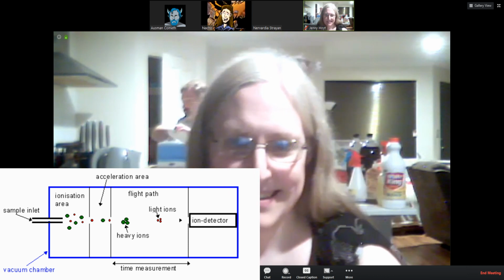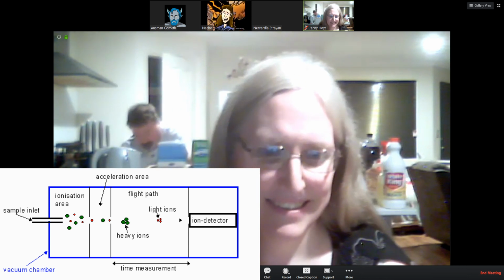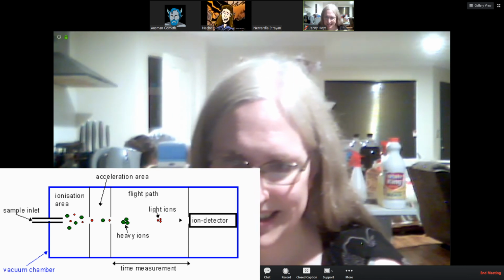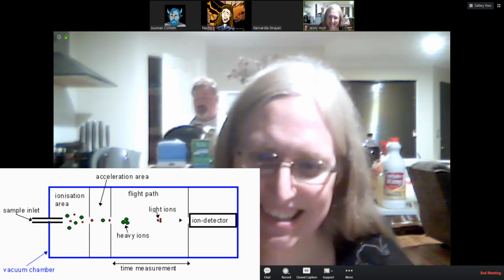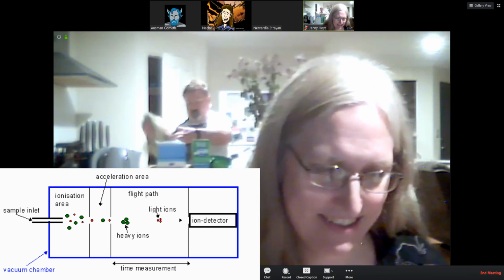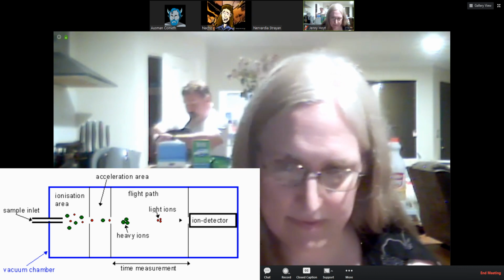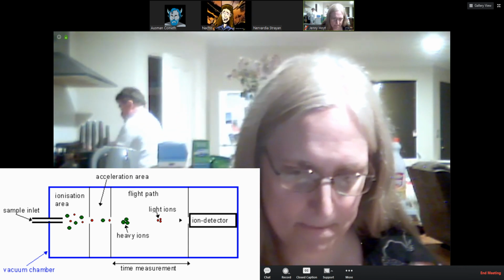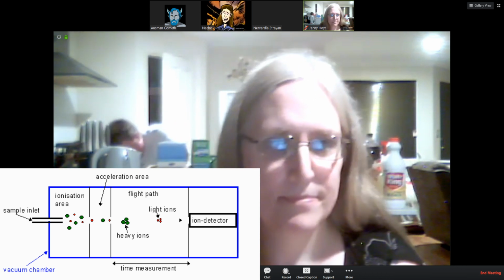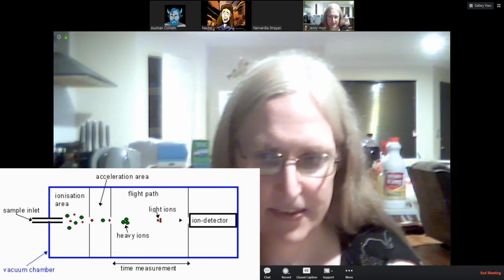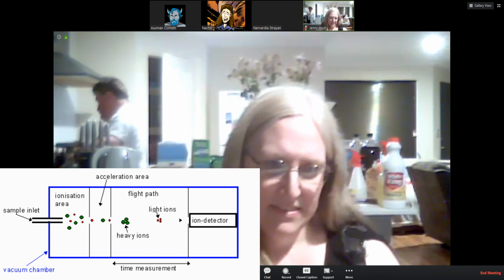They have a molecule of a certain weight and charge, they've got standards, and they're able to say this is how fast this molecule will go through and hit the detector. So they actually know, because it's consistent throughout all of physics, that these particular molecules of a certain size will hit at a certain time, which I thought was pretty cool.